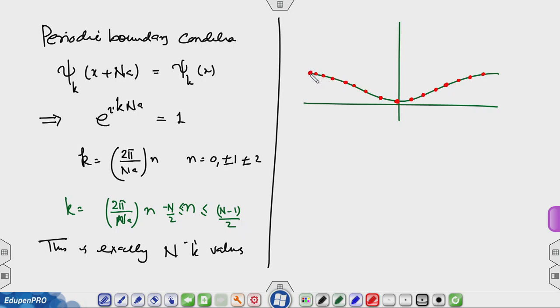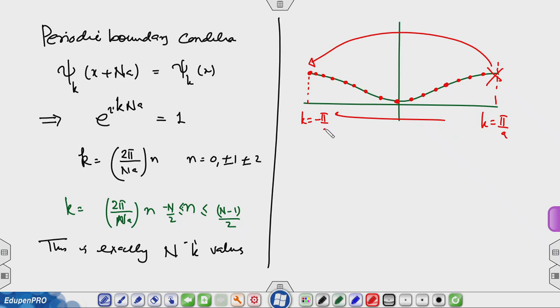I will take the last one to be on the Brillouin zone here, and on this side I will not count that, because this state is exactly equivalent to this by mixing, right. So, k equals pi by a is equivalent to k equals minus pi by a. So, I do not want to count it twice, and these are n values.